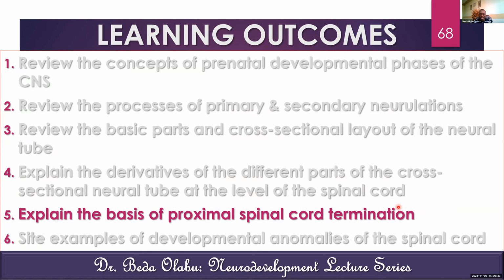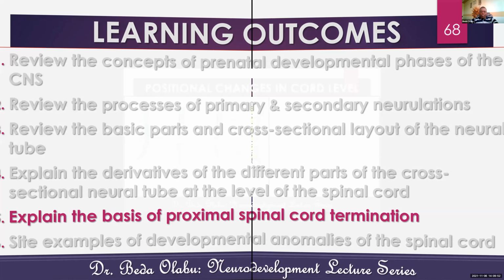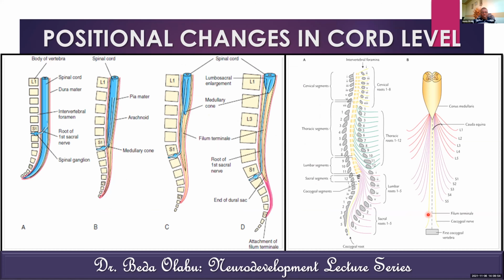Now let's look at why the spinal cord and the vertebral column are not of the same length. Let's start by looking at this. Initially, the spinal cord and the vertebral column are of the same length, actually, that story stands up to around the 3rd month of pregnancy.